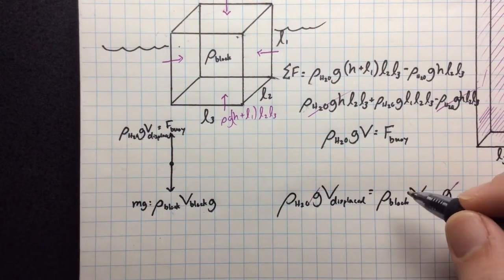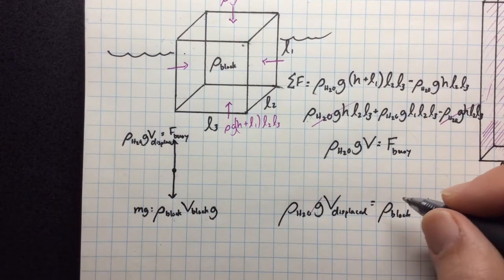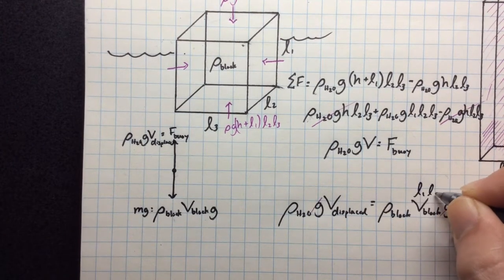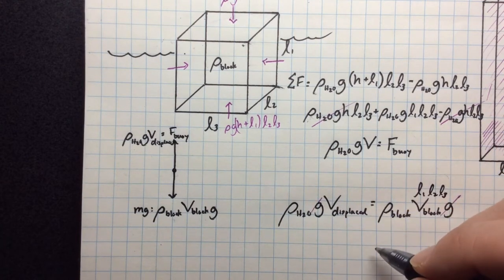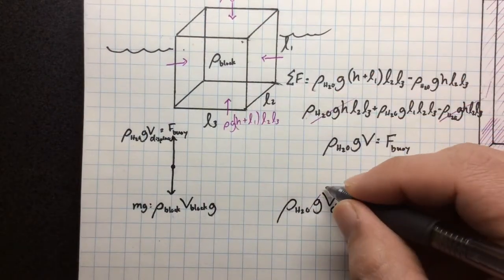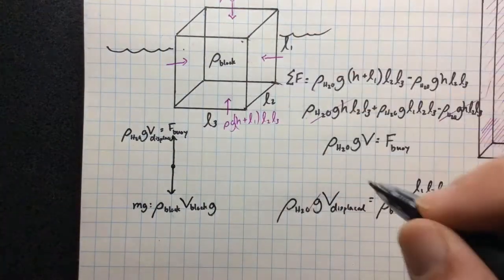This volume displaced. If we look at this cube here, the volume of the block is going to be L1 times L2 times L3, whereas the volume displaced would be the base, L2 times L3, times whatever this part is that's actually under the water.